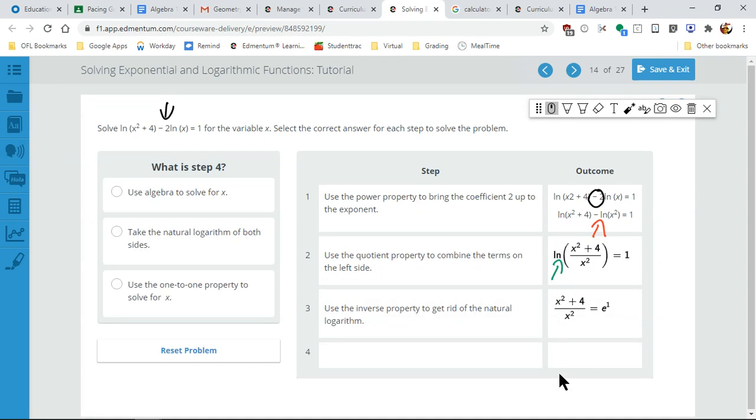All right, from here, well, we can use the box method to try to figure this out. So we're dividing it by x squared. What are we dividing by x squared? This to x squared and the 4.